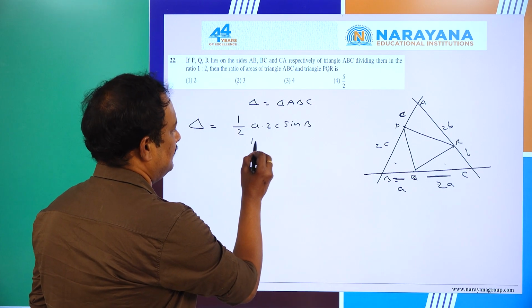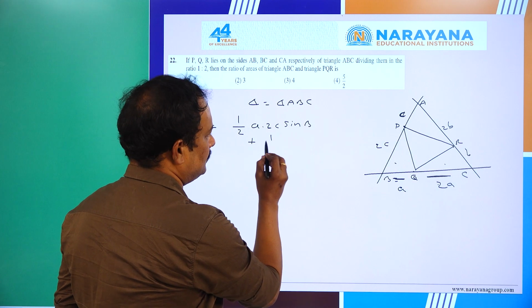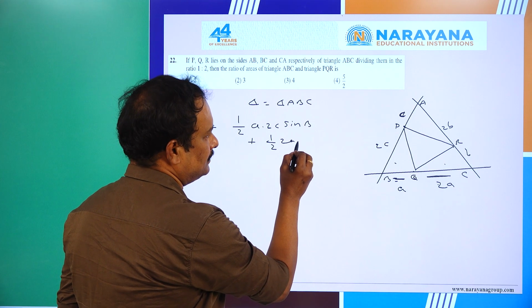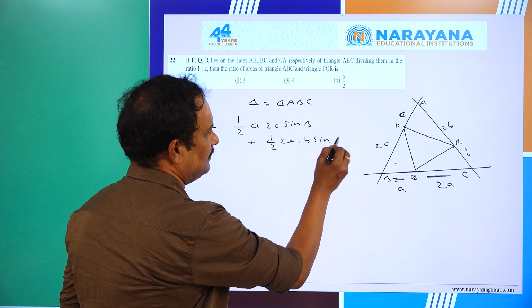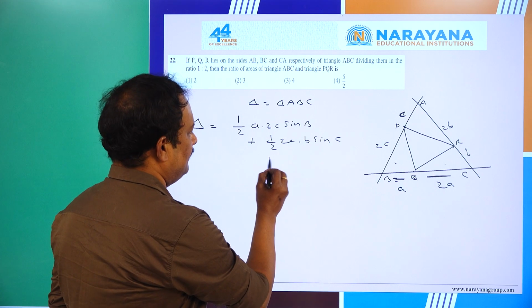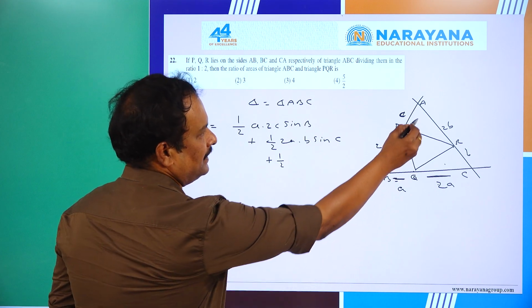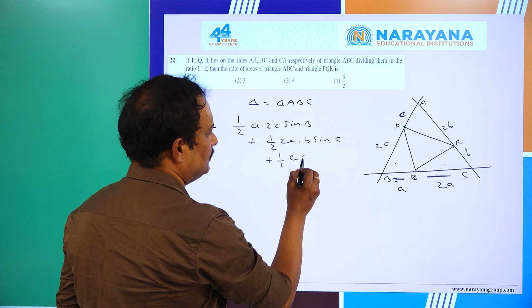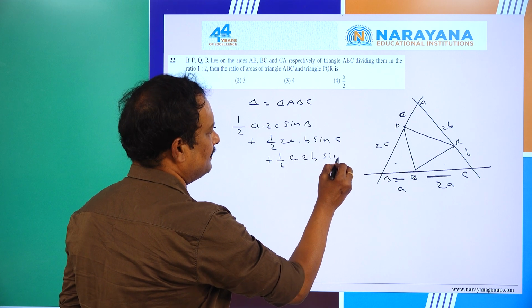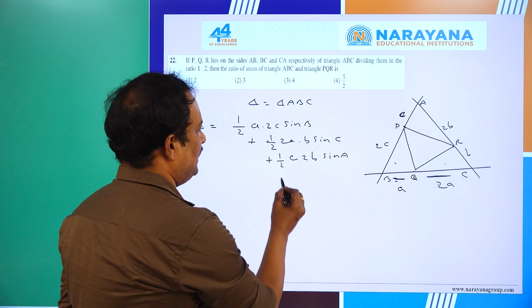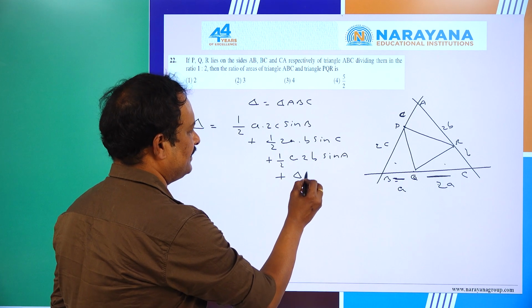Similarly plus, what about that triangle area? Half into 2A into B into sine of the angle between them, sine C, plus 1/2 into the area of this one, that is C into 2B into sine of the angle between them, that is sine A. Plus the triangle PQR area, whatever it is.